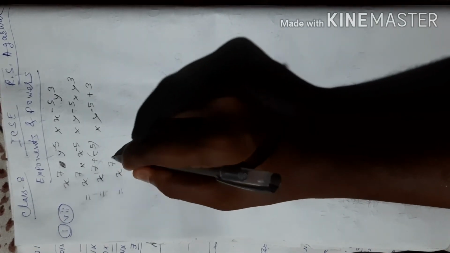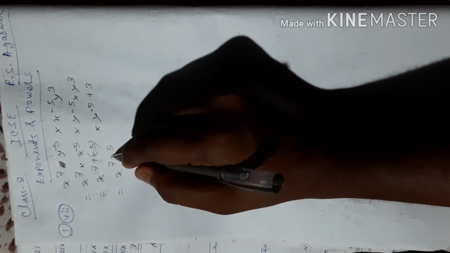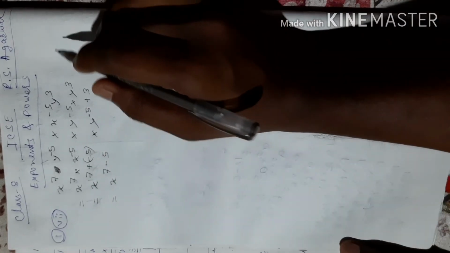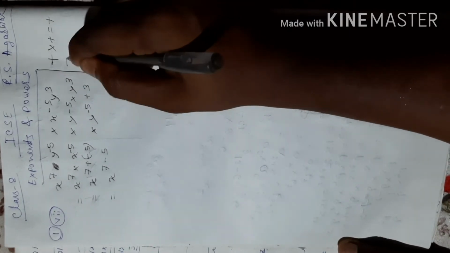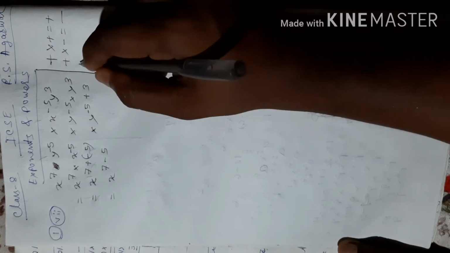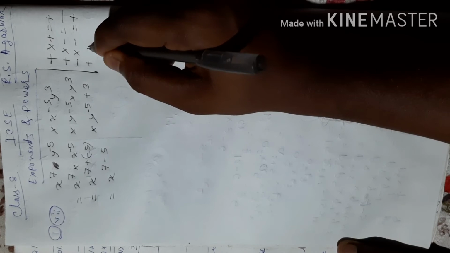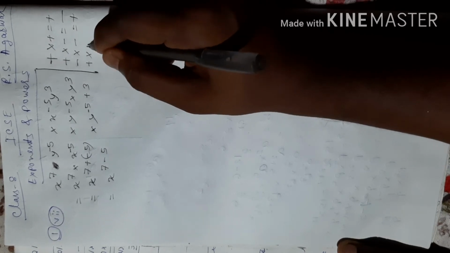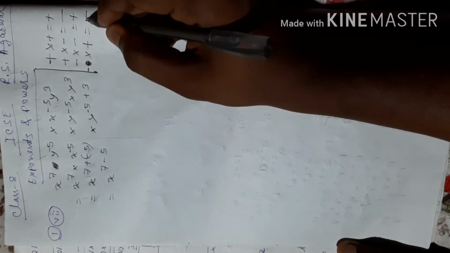So plus minus, when we multiply plus and minus, then minus is there. Plus into plus equals plus, plus into minus equals minus, minus multiplied minus equals plus, plus multiplied minus equals minus, minus multiplied plus equals minus.